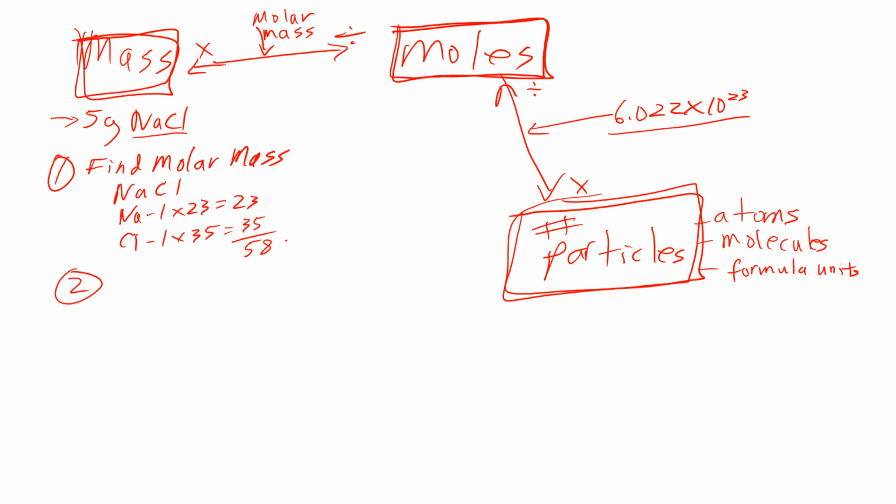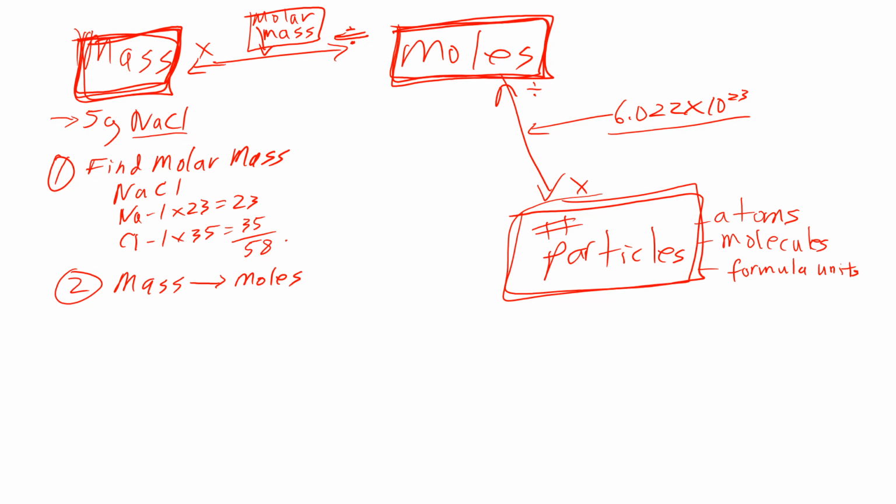Second step is going from mass to moles. Now that we have the molar mass, let's write that down. We're going from mass to moles. And you've got the chart in front of you to help you some. So to go from mass to moles, we have to take the 5 grams divided by the molar mass, which is 58, right? For sodium chloride, we're going to have to divide it by the molar mass.